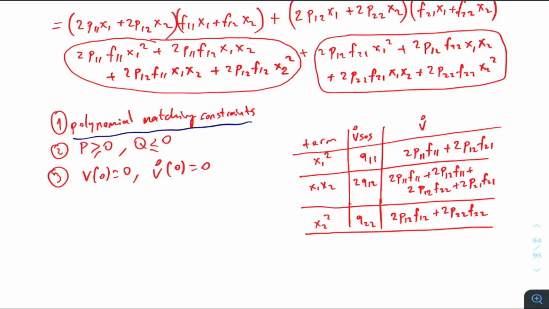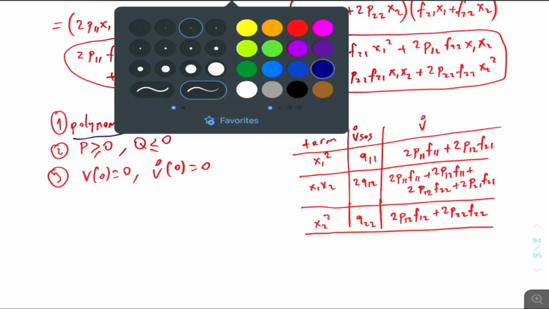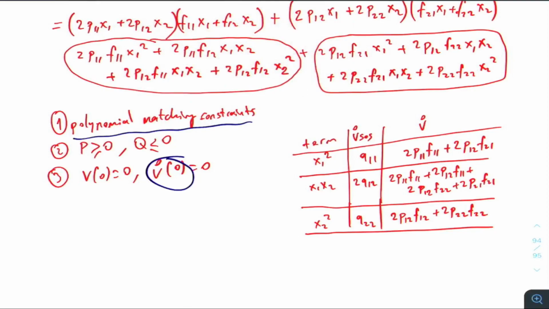But since we haven't included constant terms in V of x, we just started from x and so on, this wouldn't usually be a problem, but you would like to really check. Probably this would be a problem. You would need to make this, or include this constraint, in your optimization problem.